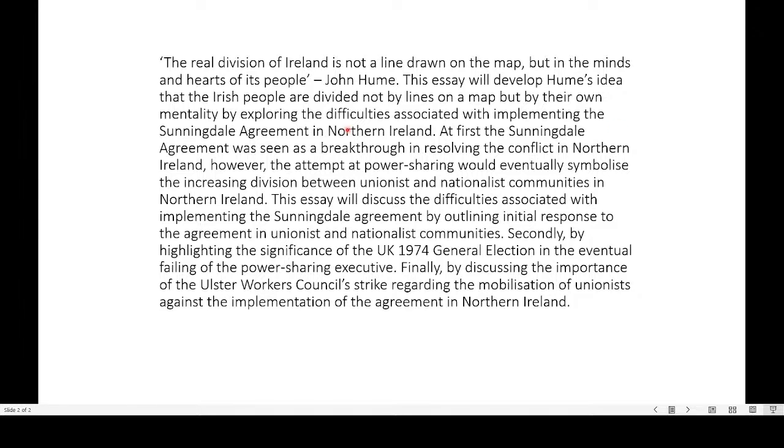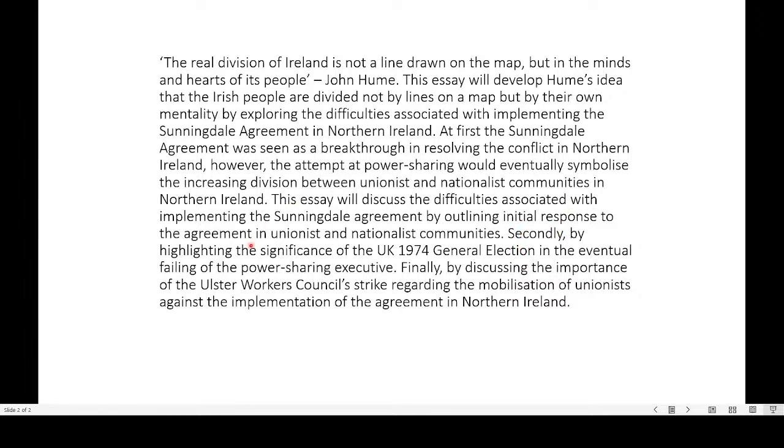At first, the Sunningdale Agreement was seen as a breakthrough in resolving the conflict in Northern Ireland. However, the attempt at power sharing would eventually symbolise the increasing division between Unionist and Nationalist communities in Northern Ireland. This essay will discuss the difficulties associated with implementing the Sunningdale Agreement by outlining initial response to the agreement in Unionist and Nationalist communities.